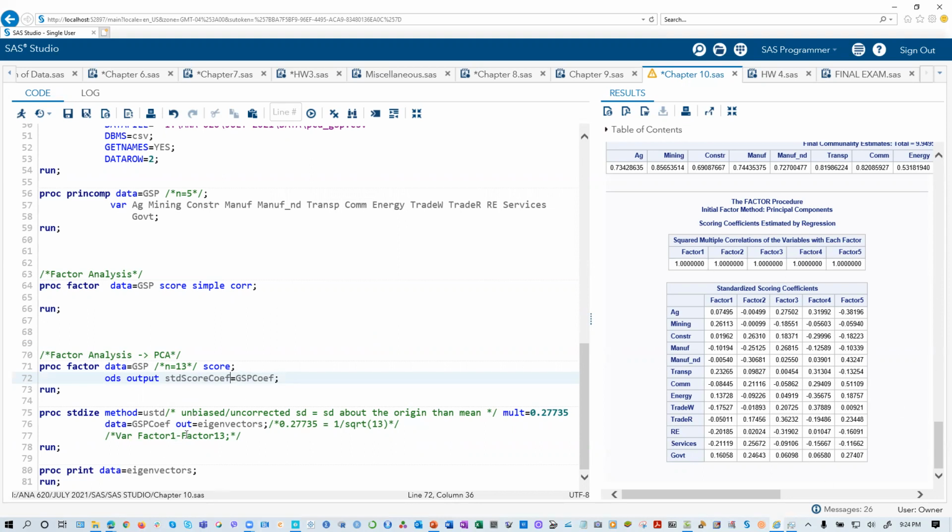Then I'm going to use this method and multiply whatever the values, these values, by 0.27735, and run. Then I'm going to output that one and call it eigenvectors. Those eigenvectors.